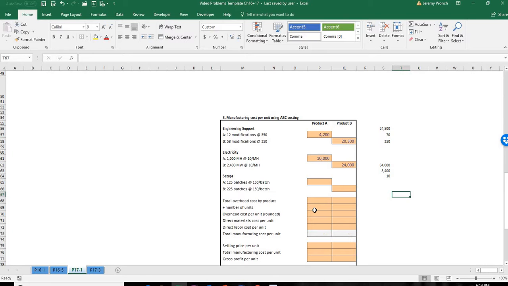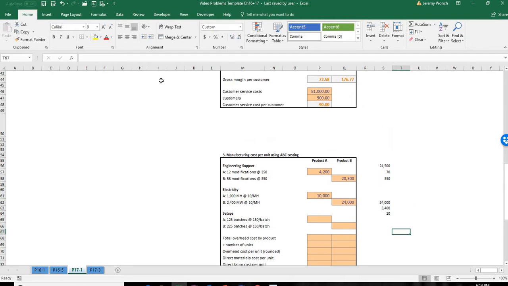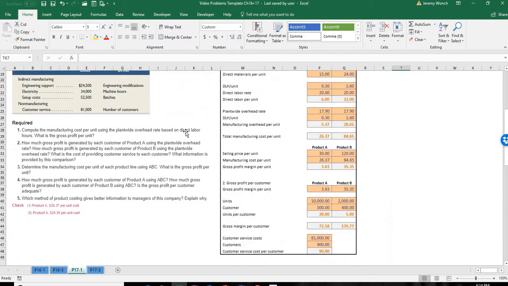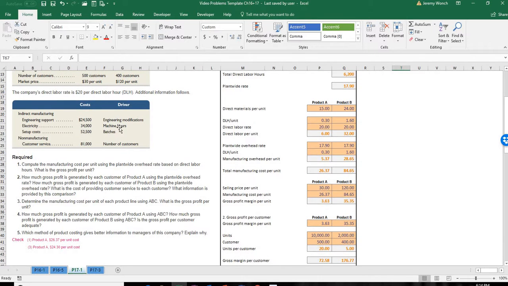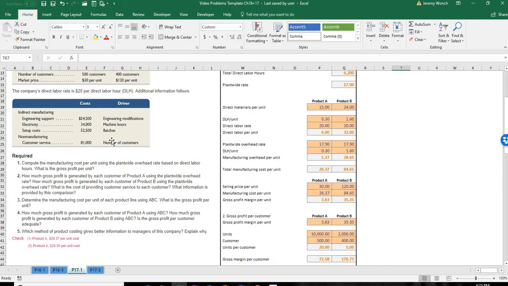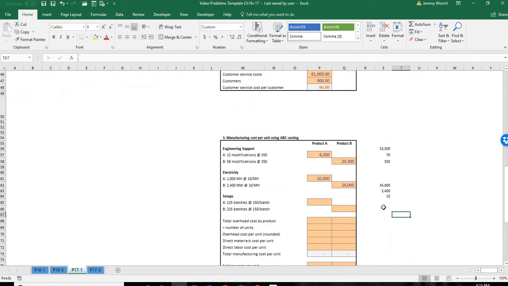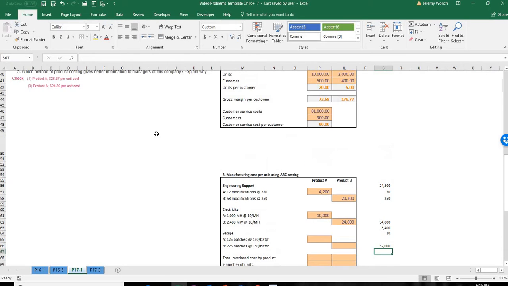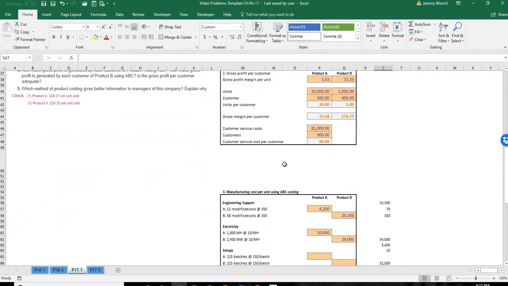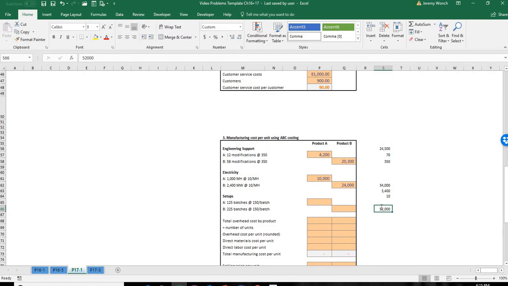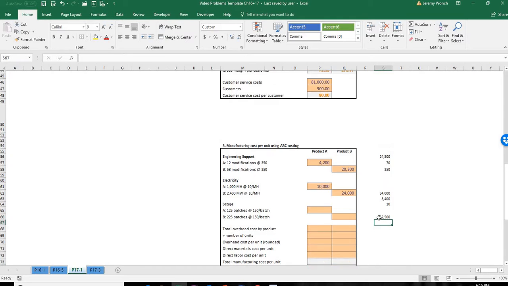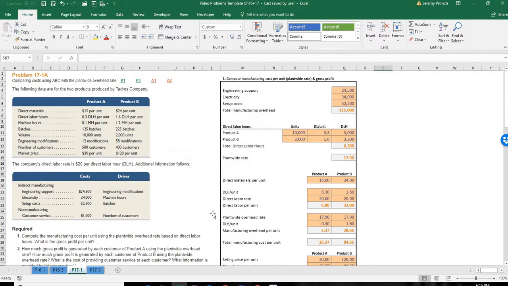So now for setups, our driver is batches. So 52,000, is it 52,000? 52,500. So divide that by the total number of batches.